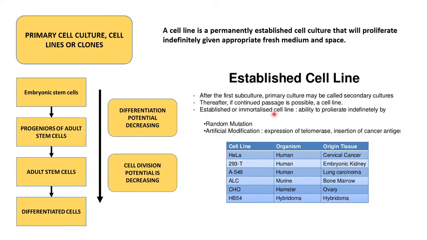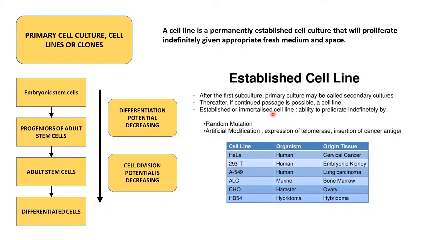Now, here we have an issue. What is the issue? That the primary cell culture has a finite lifespan. Means after 7 days, 8 days, 15 days, it will die. Okay.